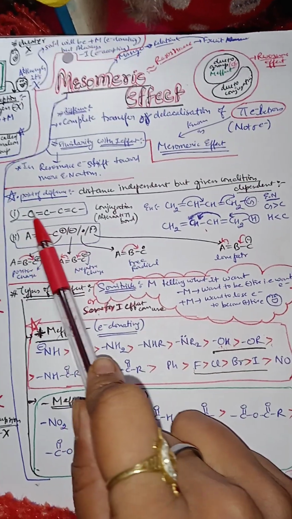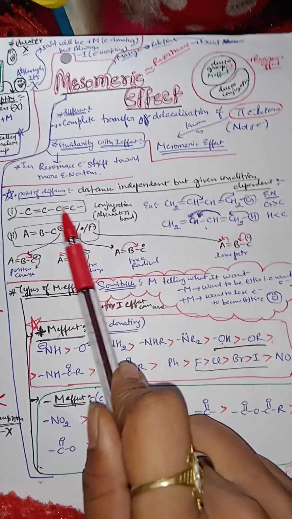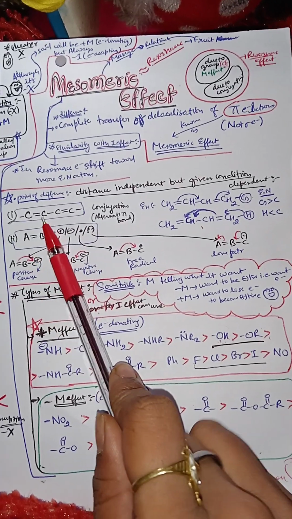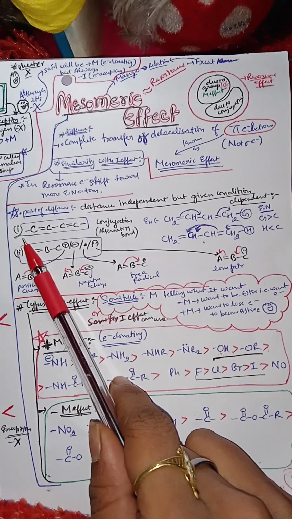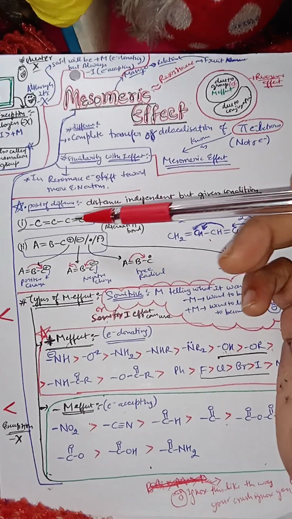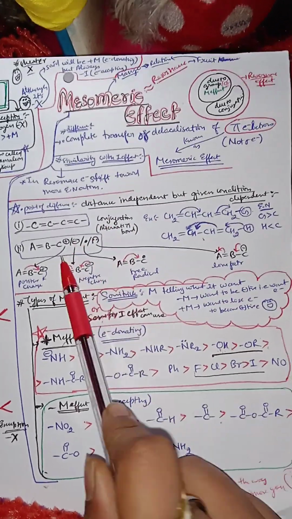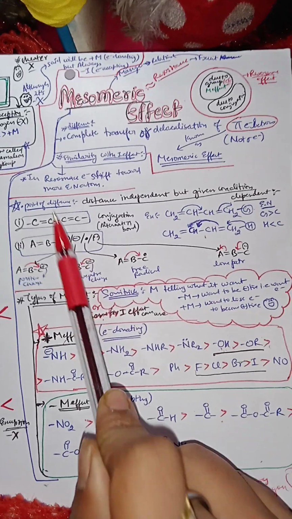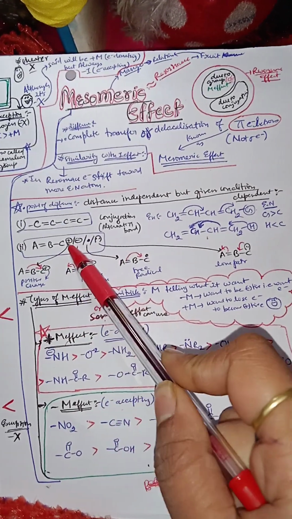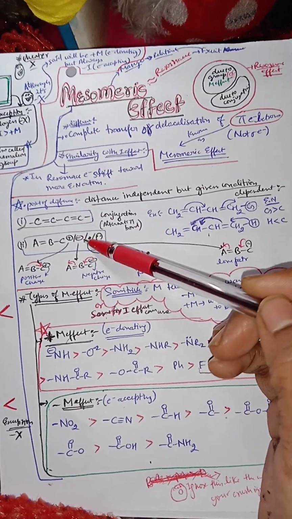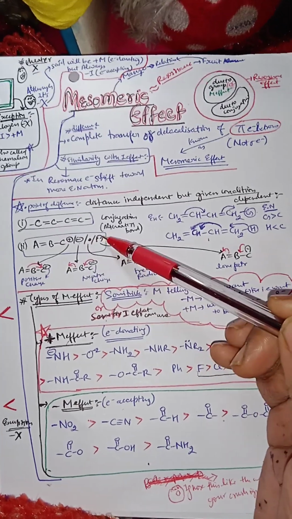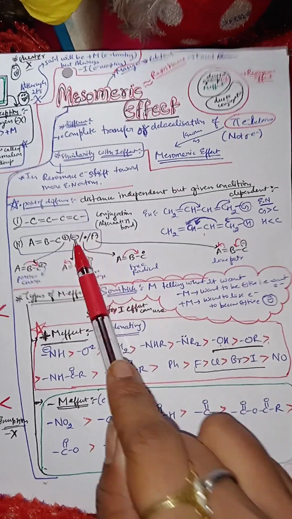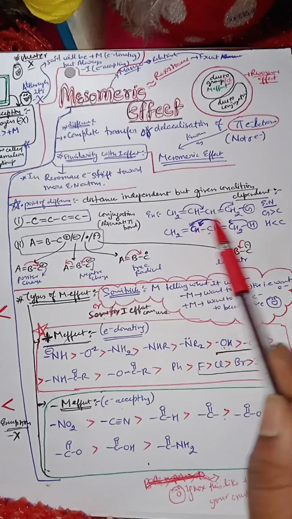The first is alternate double pi bonds, and the second is one pi bond, and next to it there can be a carbocation, a negative charge, a free radical, or a lone pair. Any of these can be present and show resonance like this.